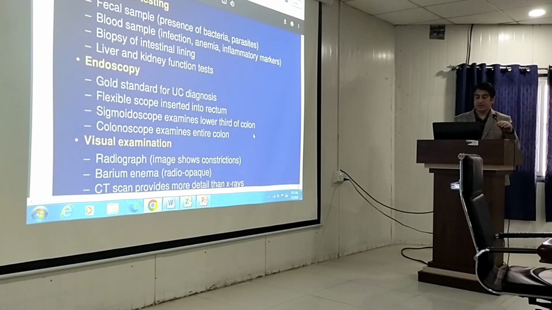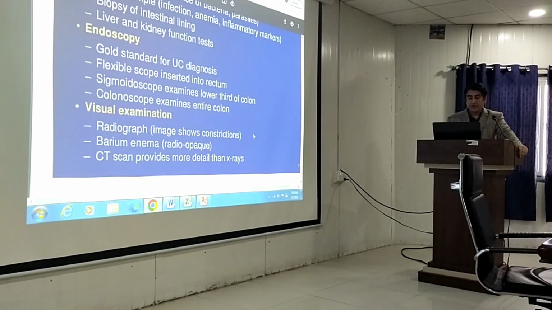Sigmoidoscope examines lower third of colon. Colonoscope examines entire colon. Another strong recommendation in latest guidelines is that if you suspect any patient of having ulcerative colitis, then you must do the entire ileocolonoscopy to rule out the other causes plus Crohn's disease.